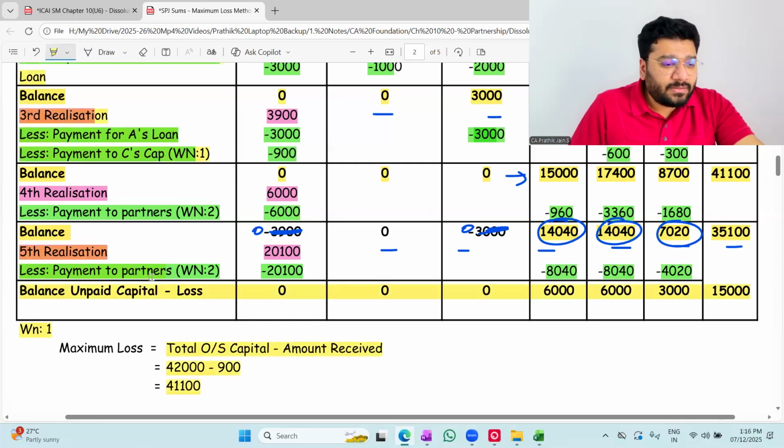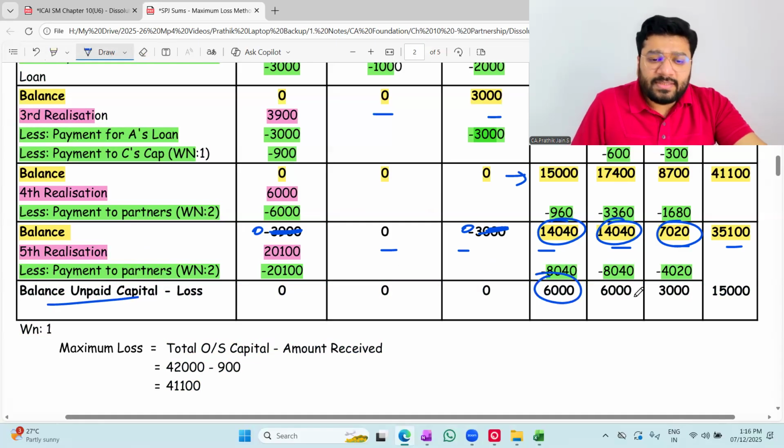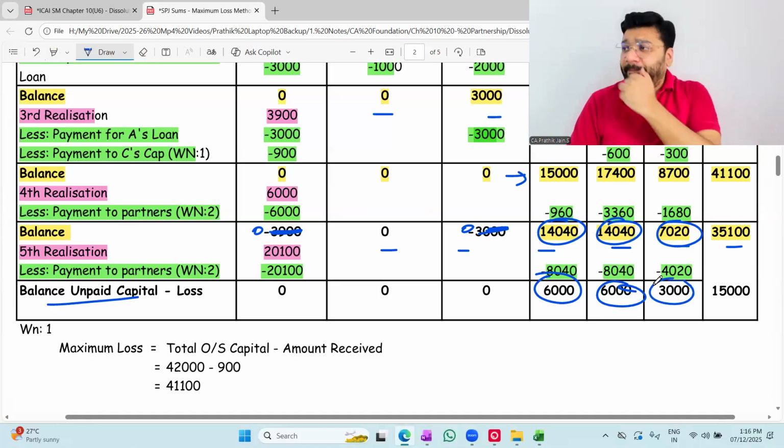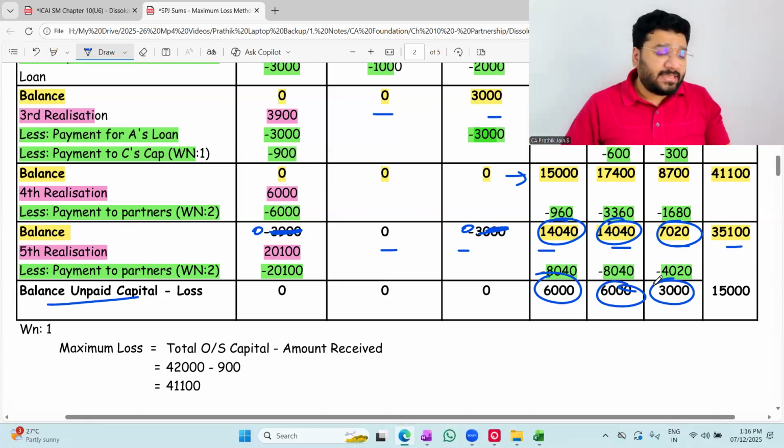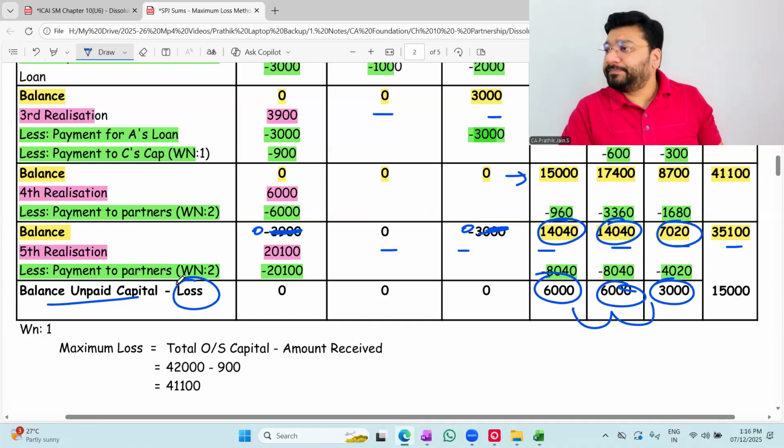All the balance is done. This is still pending to pay. Do we have the money to pay? Will we realize any money in future? No. Hence, whatever is the balance, this is the ultimate loss of the partners.